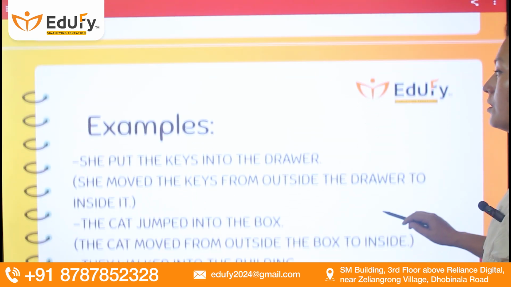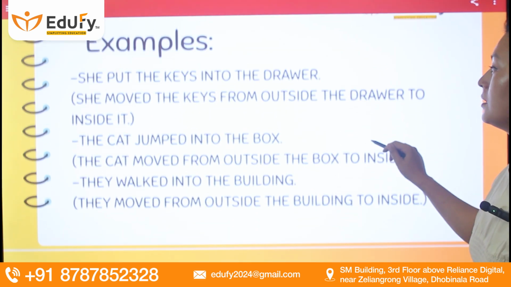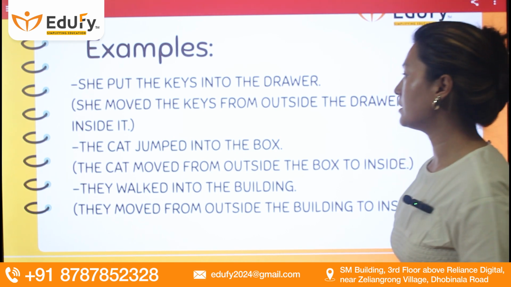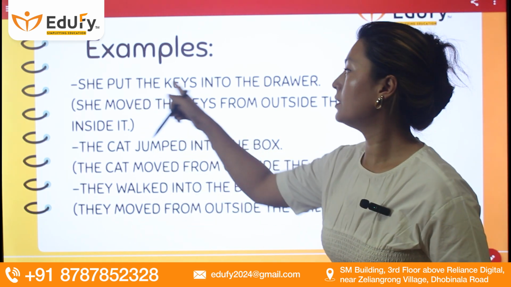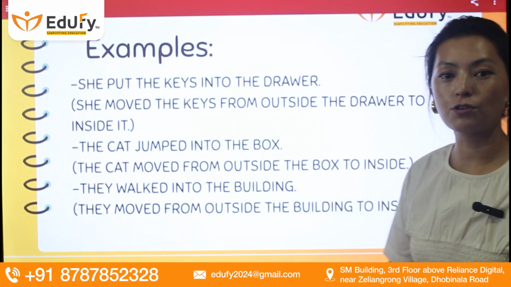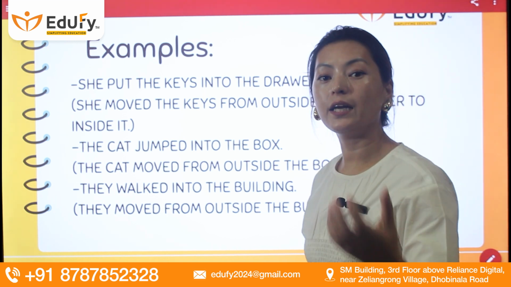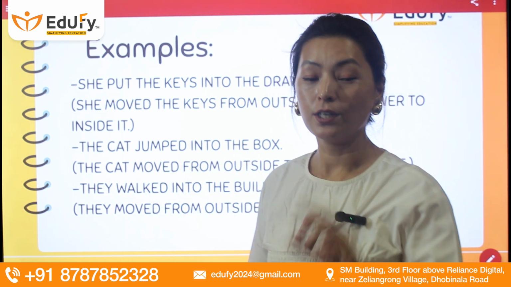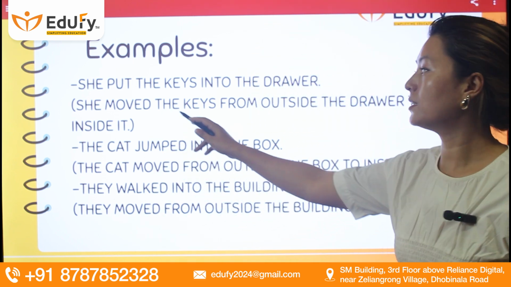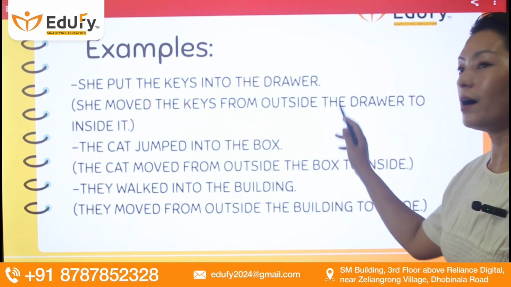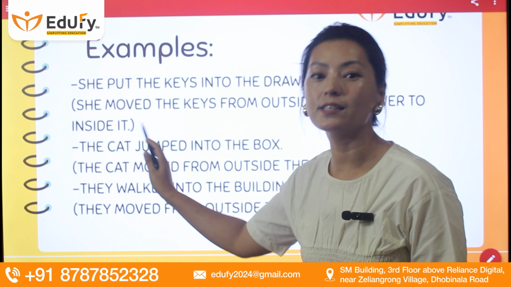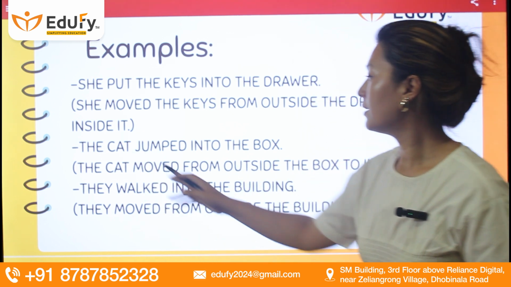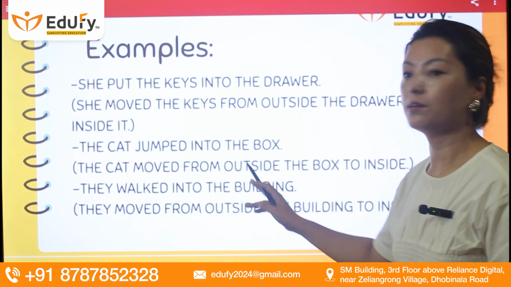Now let's move on to the examples. Let's see what the differences are here. If I say she put the keys into the drawer, that means the keys are in her hand and have been placed inside the drawer. So the word into suggests that she has moved the keys from outside the drawer to the inside of it. Similarly, the cat jumped into the box.